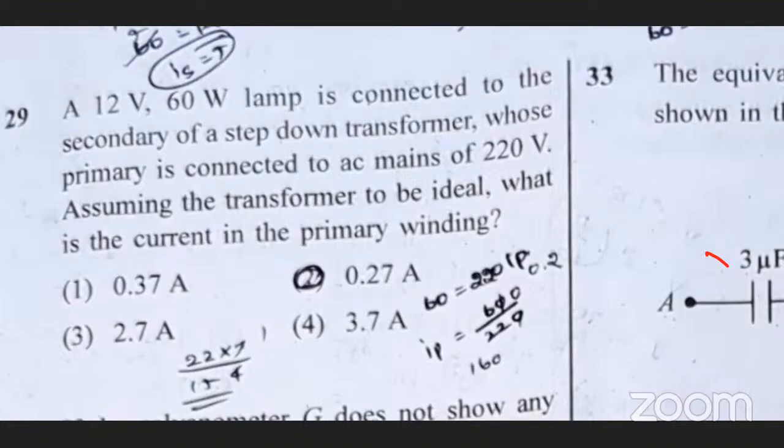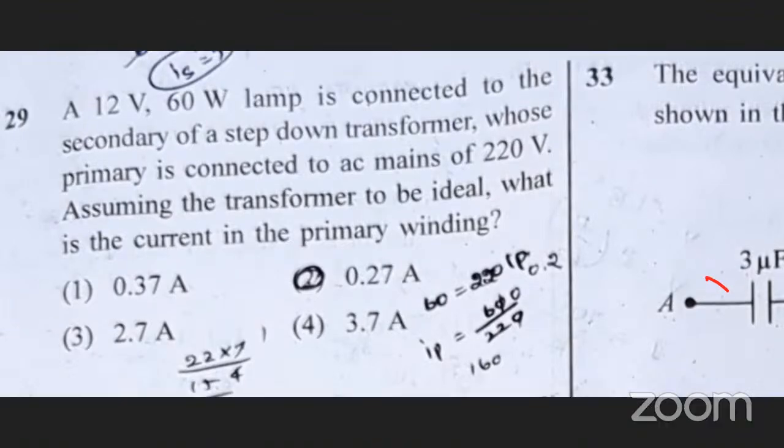A 12 volt 60 watt lamp is connected to the secondary of the step down transformer. It's connected to the secondary, so this is an output. So 12 volt and 60 watt is the output voltage and the output power, whose primary is connected to the AC mains of 220 volt input voltage. Assuming the transformer is an ideal transformer.